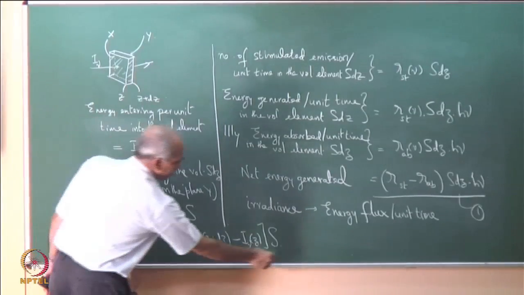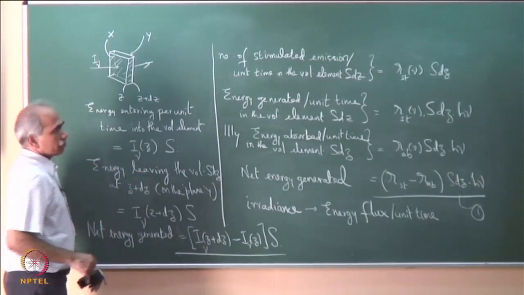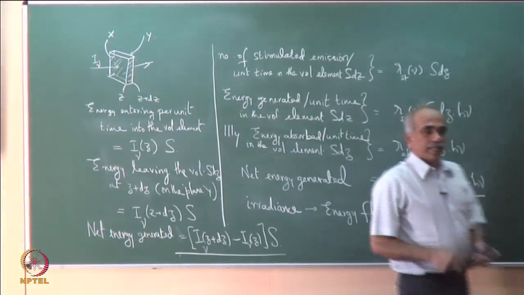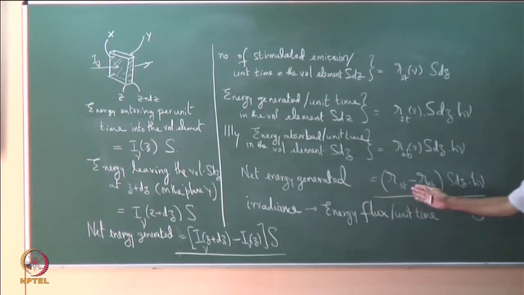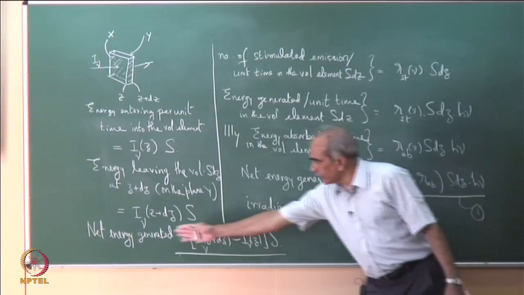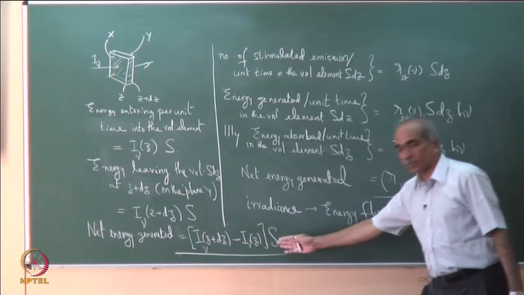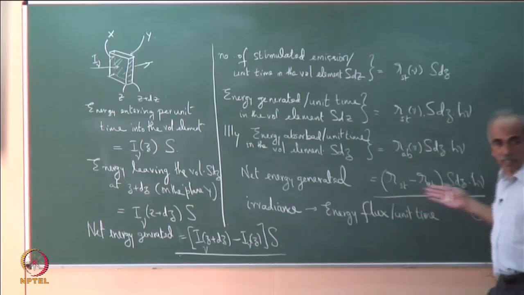Please see this. Net energy generated in the volume is this much, R S T minus R A B into S dz into h nu, and net energy generated in terms of intensity is this much. So, they are the same.